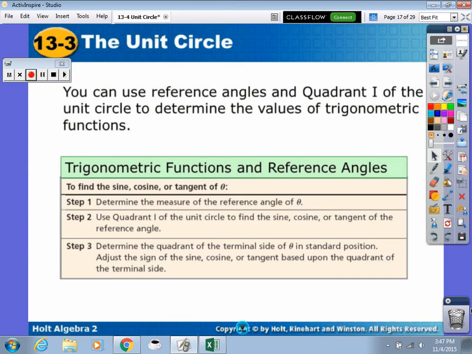You can see in this table a step-by-step guide for the way that you would be able to use those reference angles and the values you memorize from quadrant 1 to do all of the values in the complete unit circle in all four quadrants, all three besides quadrant 1. Go ahead and read through this, pause the video for a second, and make any notes that you want related to the information presented here, or take a quick picture and save it.